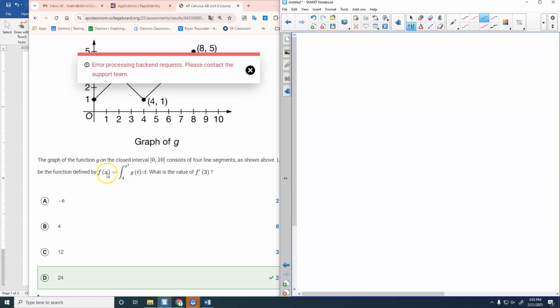So if you're finding f prime of this, you're finding the derivative of an integral, right? So f prime of x here, you would be taking that x squared and plugging it in for your t. So it would be g of x squared. And then you would multiply it by the derivative of the x squared, which is 2x.